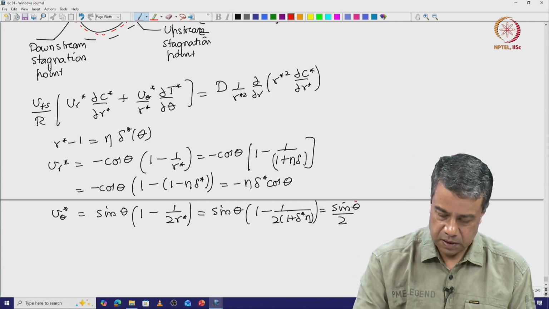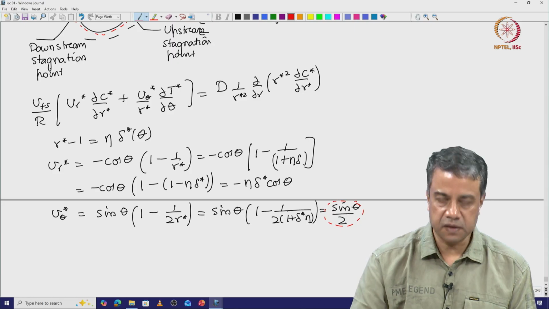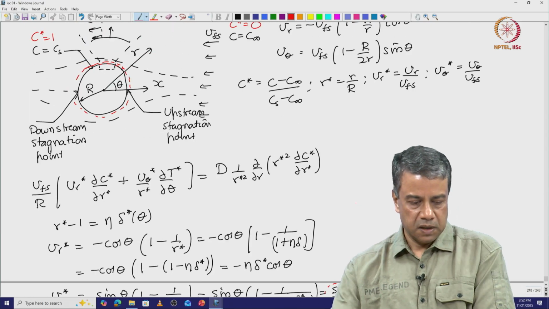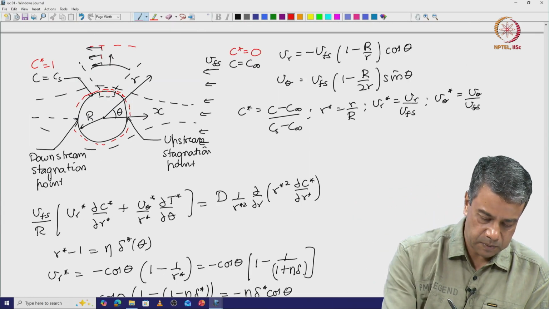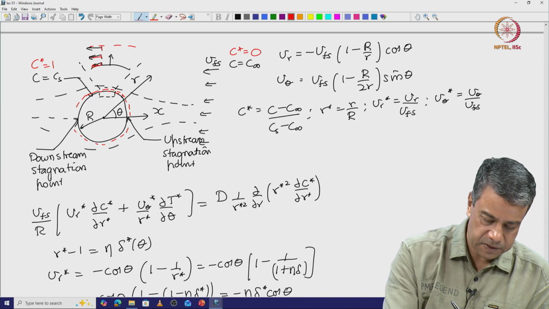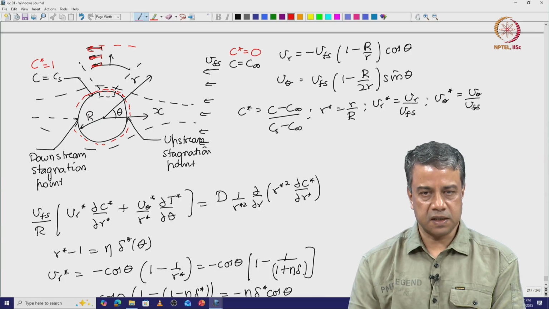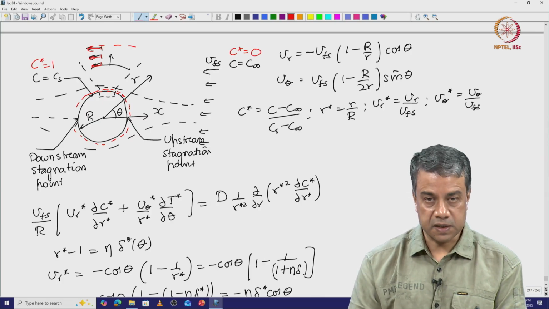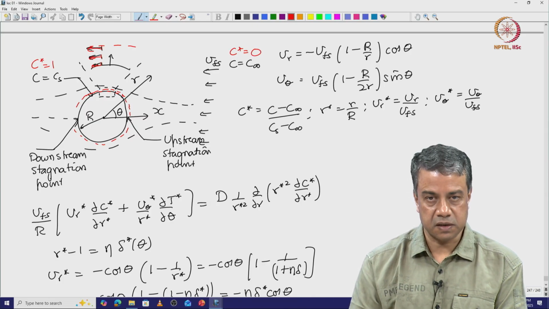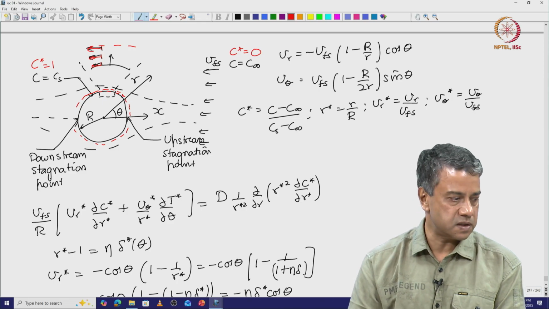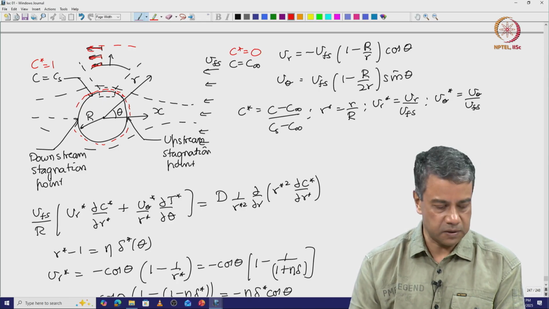Note this, the tangential velocity at the surface is non-zero. That was the reason that when I drew the diagram, I drew the tangential velocity at the surface as non-zero. That is because at a liquid gas interface, on the liquid side you have a 0 stress condition. The viscosity of the gas is much smaller than the viscosity of the liquid.